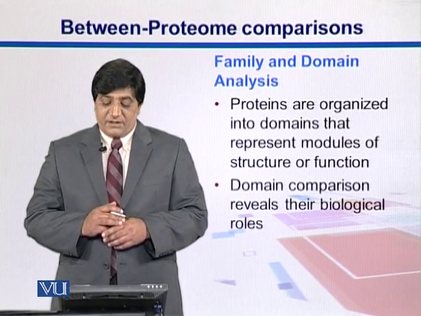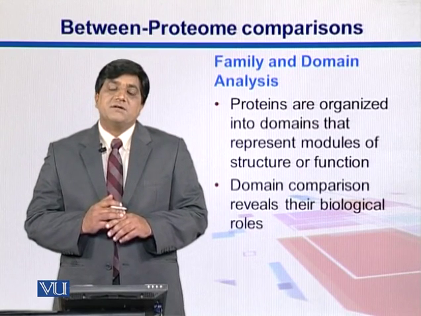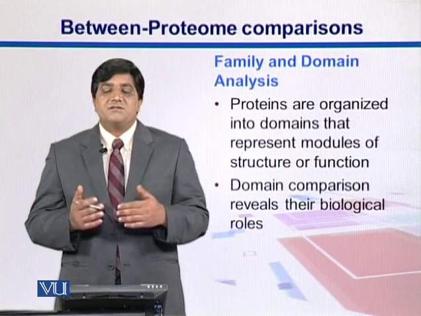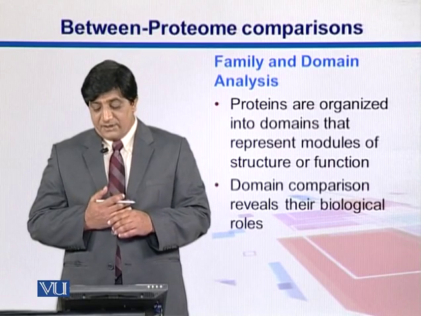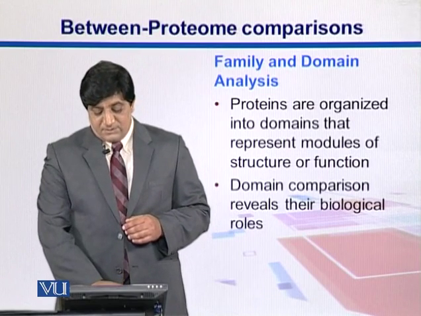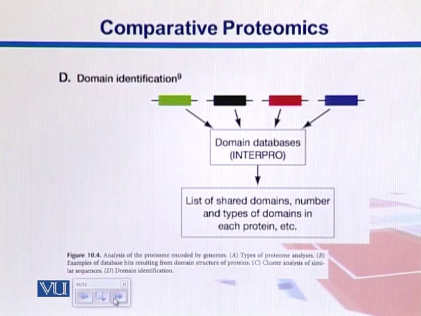Proteins are organized into domains. Domains are specific arrangements of amino acids. These are the structures, the units of structures. And domain comparisons sometimes are correlated with their biological functions.